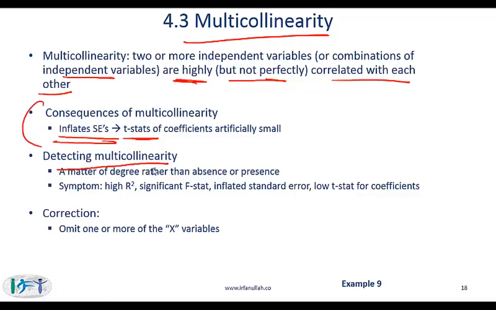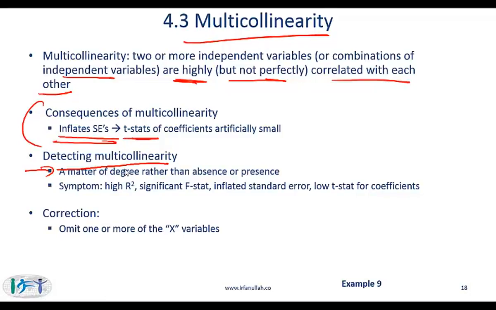How do you detect it? These are words of the curriculum, that multicollinearity exists. So it really is a matter of degree. It is to what extent does it exist? Because when you are running regression, if you think about your basic economics and finance, variables tend to have some relationship with each other.